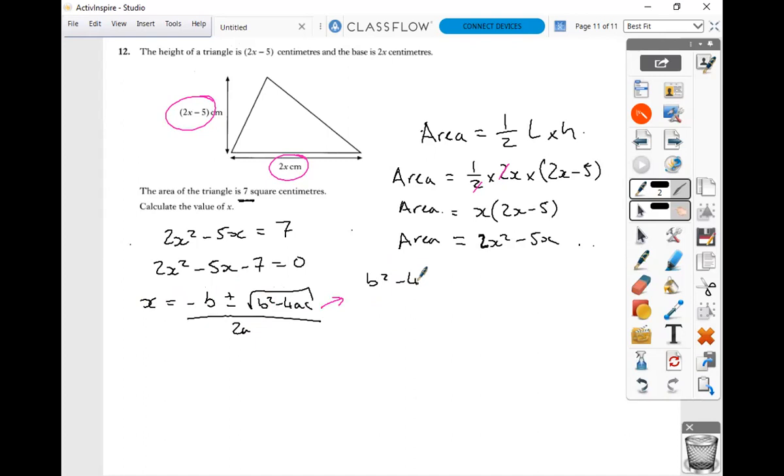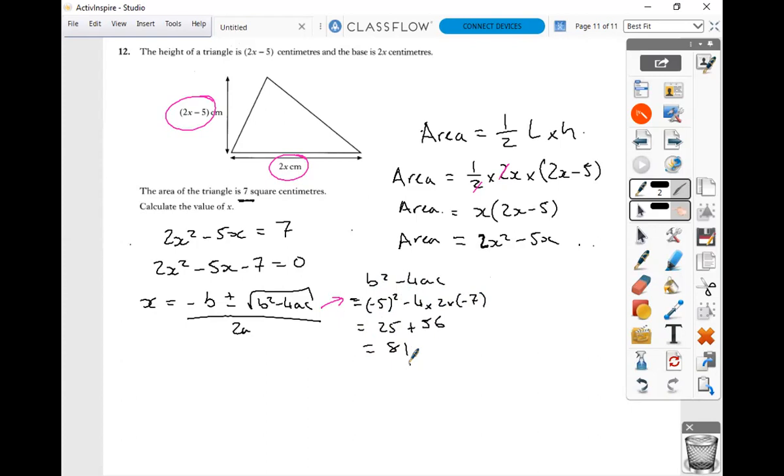b squared minus 4ac equals minus 5 squared minus 4 times 2 times negative 7. 25, negative 4 times negative 7 is plus 28 times 2 is plus 56, equals 81.